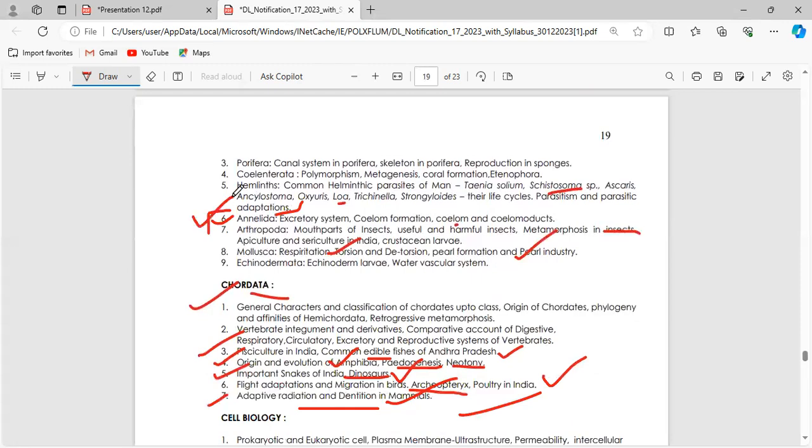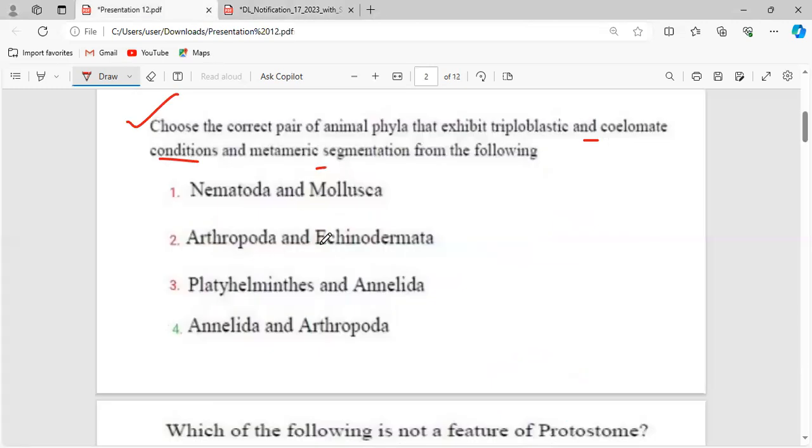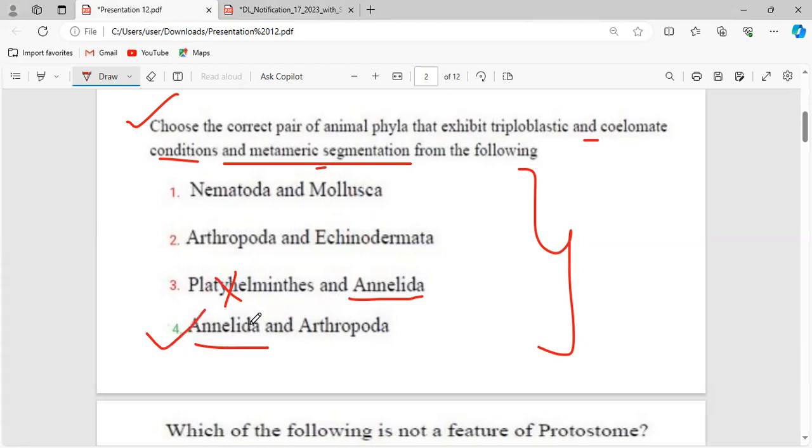By knowing the syllabus and some of the important characteristic features of each phylum, we can easily answer this question without knowing the content. Metameric segmentation, we know Annelida is the one. Before Annelida, we didn't even use a word like segmentation or metamerism. So Platyhelminthes will not be the answer. Obviously, Annelida and Arthropoda will be the answer.